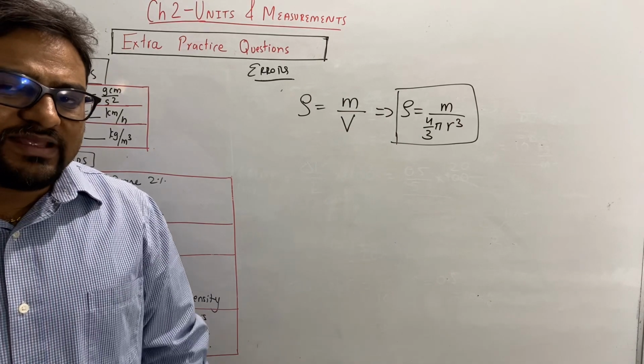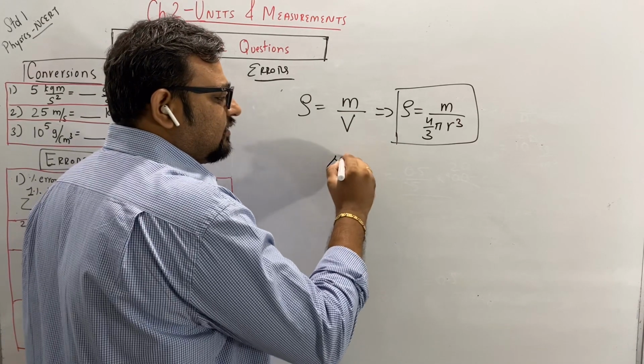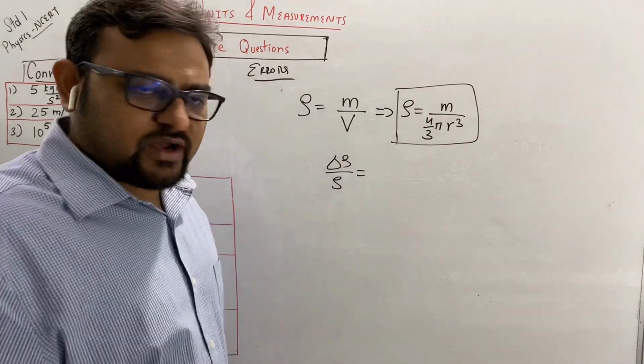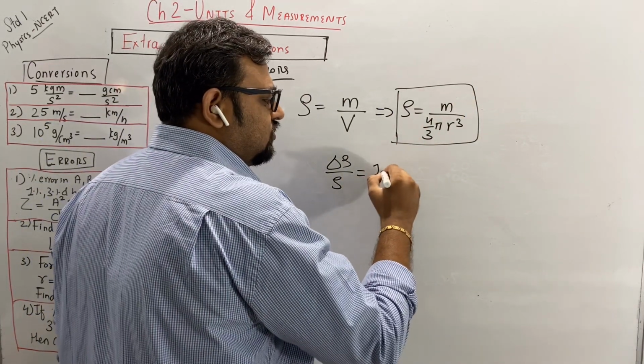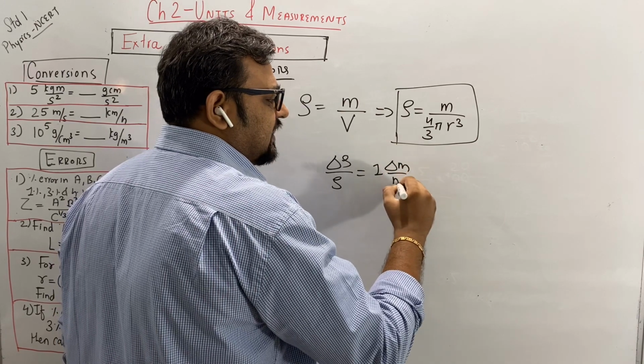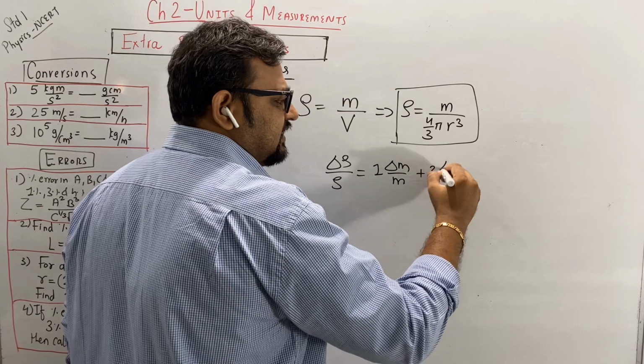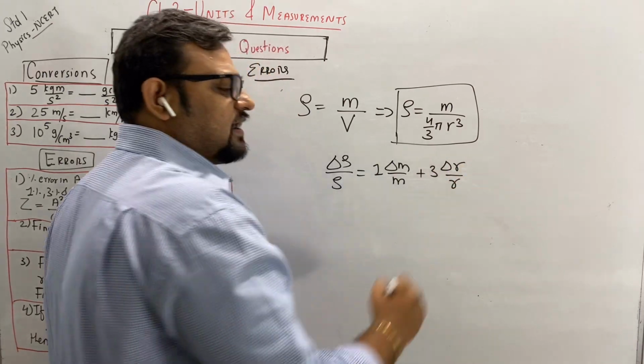So now what will be the relative error? What is the power of mass? 1. So 1 into delta m by m plus the power of radius, 3, into delta r by r.